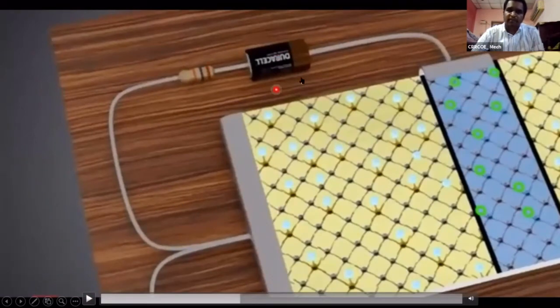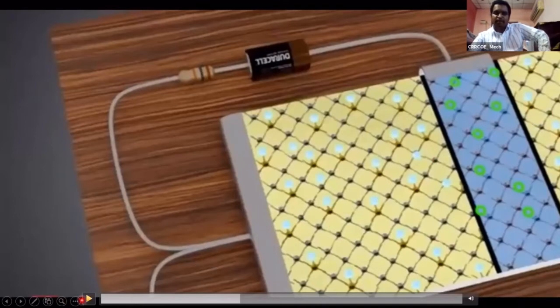In this circuit we connect a source, that is a battery, which causes the forward biased condition. The emitter and base are connected in forward bias, and the base and collector are connected in reverse bias.